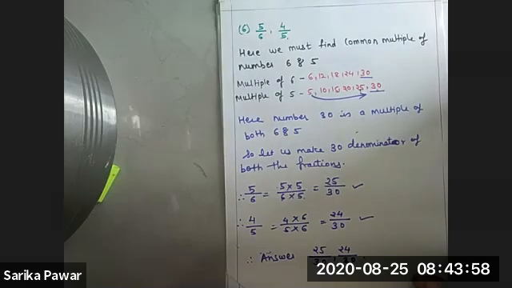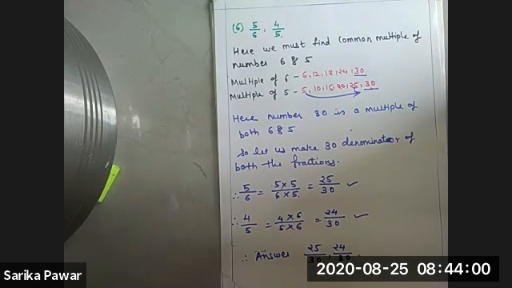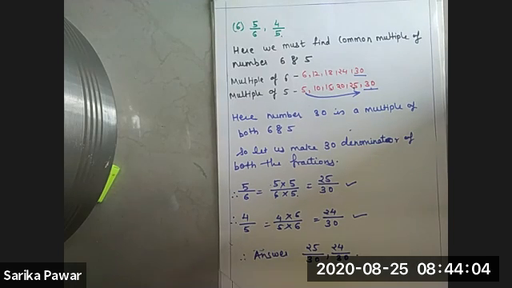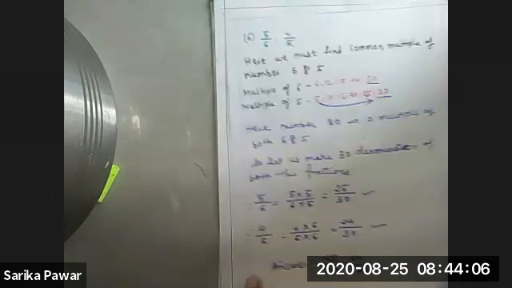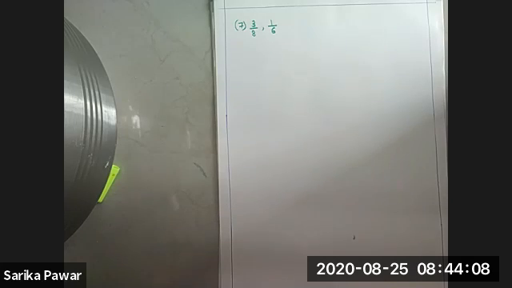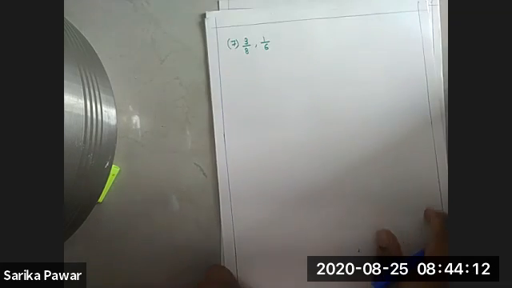Isn't it? Is this clear to everyone? I think it's easy now to solve. It's very easy. Now see problem number 7. Now what do we have to do?